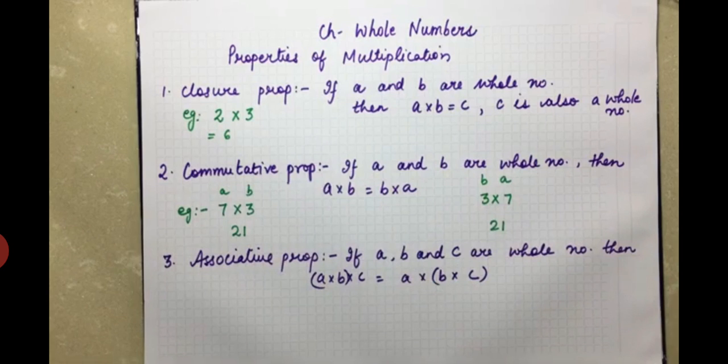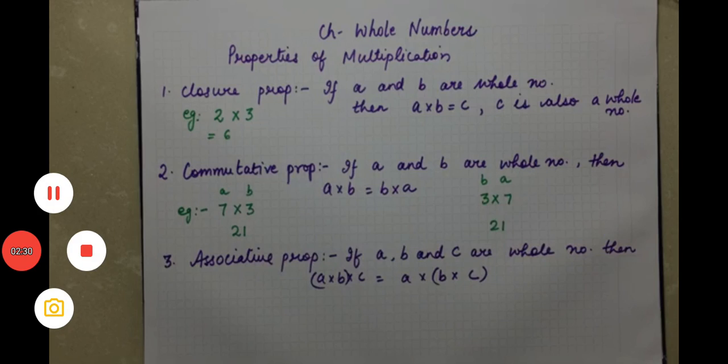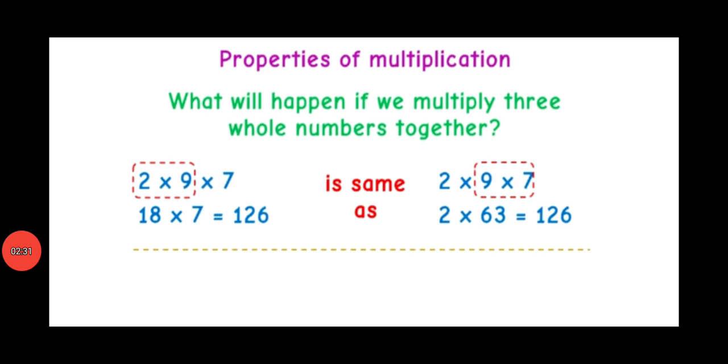It says if A, B and C are whole numbers, then (A cross B) cross C is equal to A cross (B cross C). Let us take an example. Here 2 cross 9 cross 7. At first we shall multiply 2 by 9 and after that the resulting number by 7.